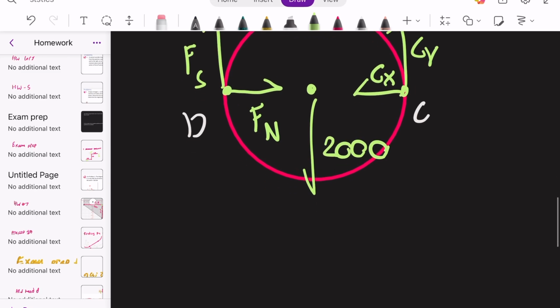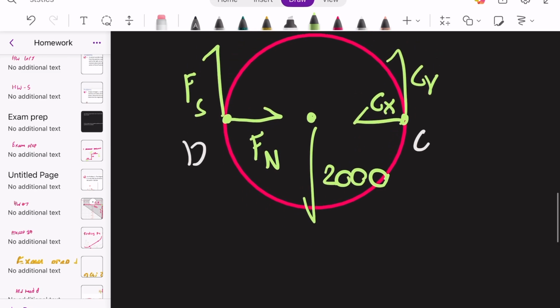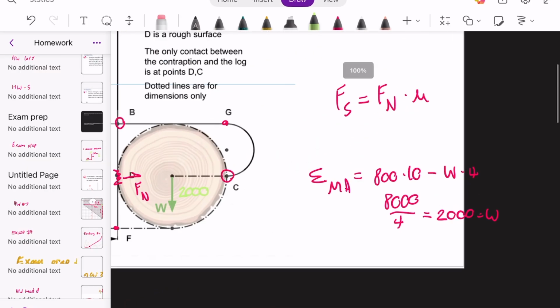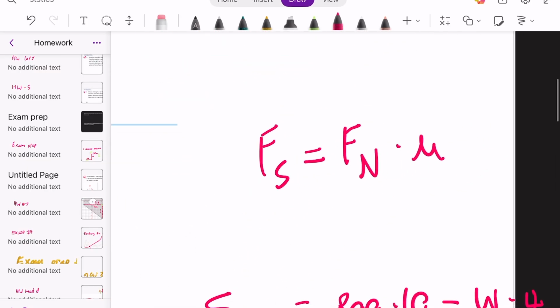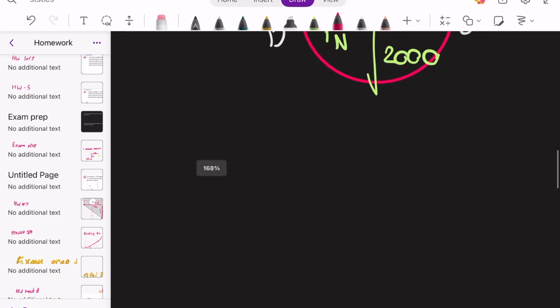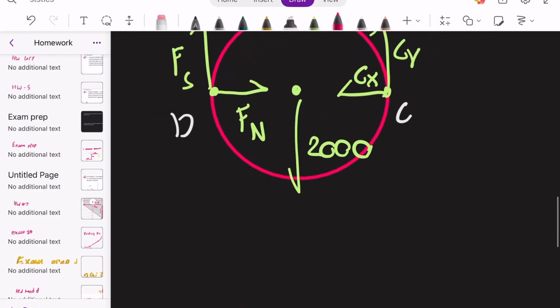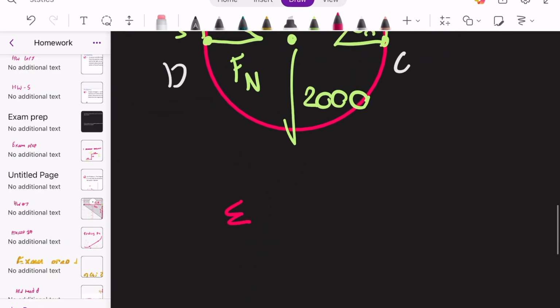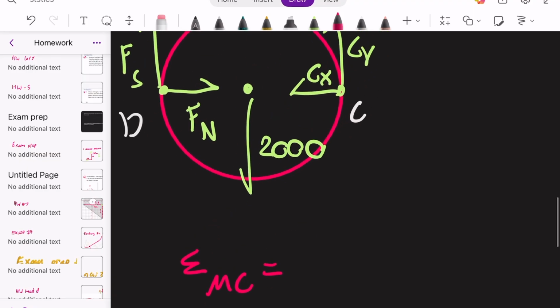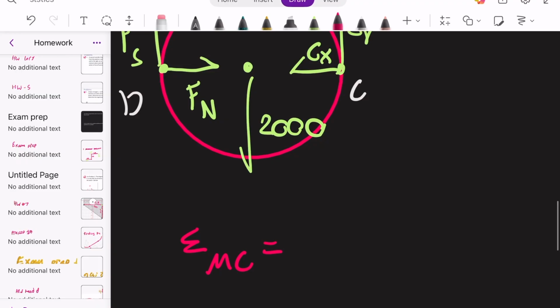All right, so if we take the sum of moments about C, we can find our force of static friction, which is one of our 3 components to our equation. So we probably want to find that. Let's go ahead and take the sum of moments about C, which is going to be 2,000 times 2.